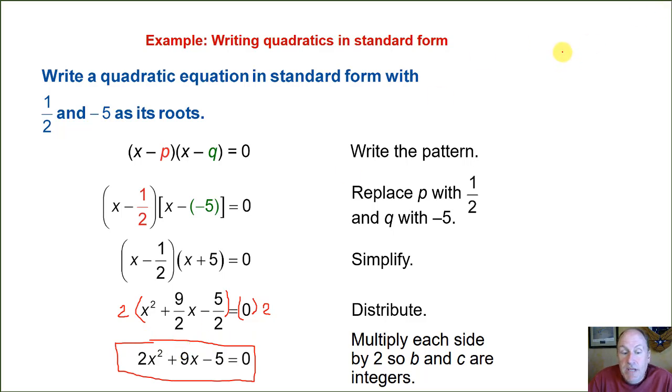Now, graphically, what that means is this equation has intercepts at x equals 1/2 and x equals -5.